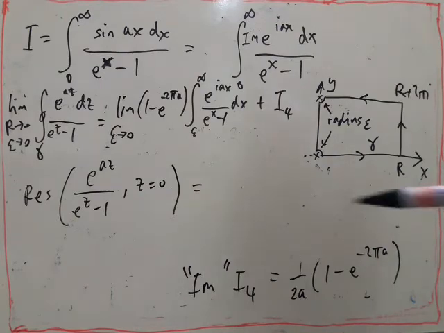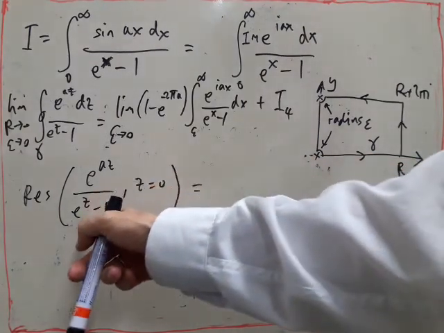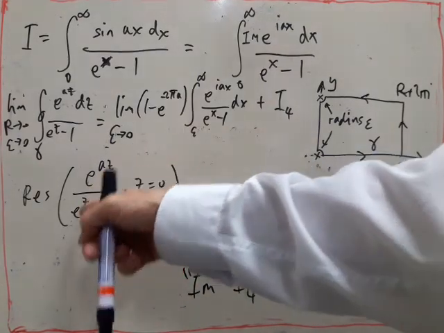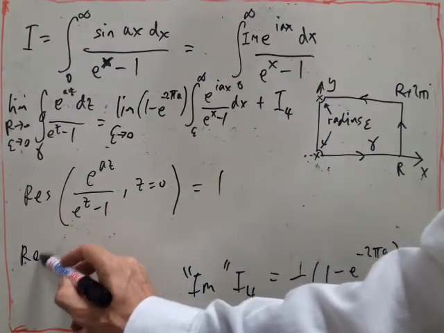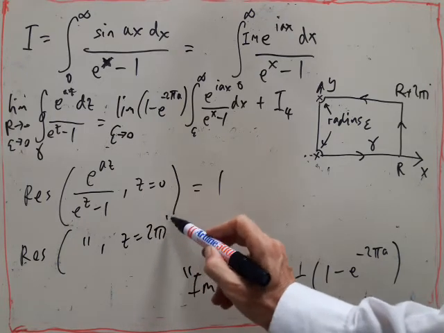It's a simple pole, so use the usual simple pole trick, differentiate this, and we just end up with 1 divided by 1, so that's 1.